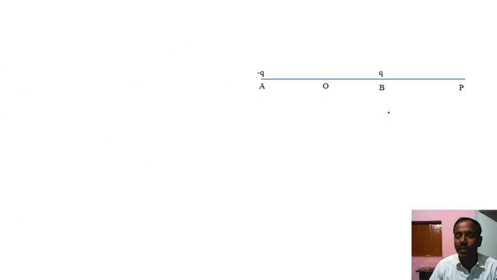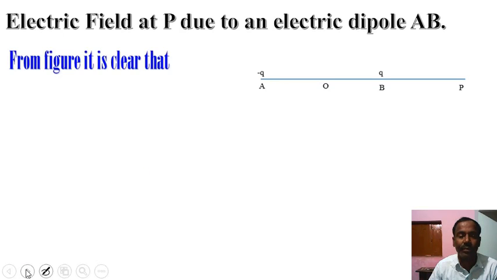From the figure it is clear that AB equal to 2a, AO equal to BO equal to a because O is the midpoint of the dipole, and OP equal to r.